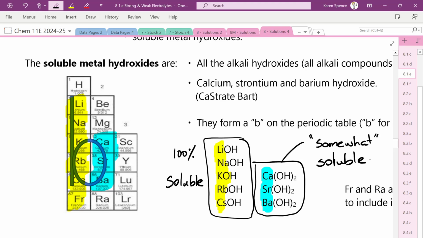You're not going to worry about what somewhat means at this point, quantitatively. You're just going to be like, okay, they're somewhat soluble. So if I tell you that you have made a 0.02 molar solution, you can assume that all of that dissolves. Yes? Because if you have made that, you have dissolved that much. You don't have to worry about how much will dissolve. We'll worry about those numbers in grade 12. Yes?